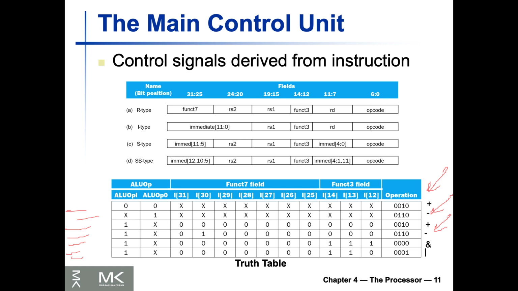Okay, so let's see what we have here. So it actually shows how the 4-bit ALU control is set depending on these input fields, right? In practice, this truth table could be very, very large, but just as an example, we have a subset of this here, right?